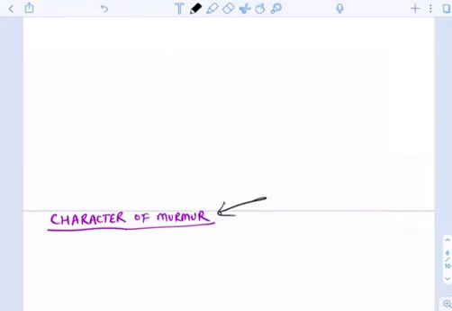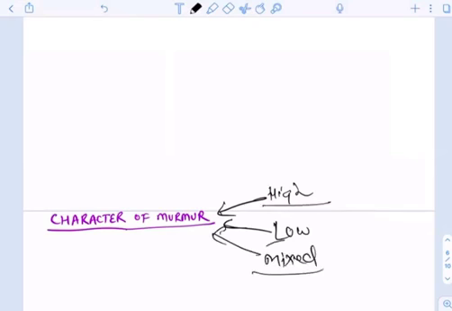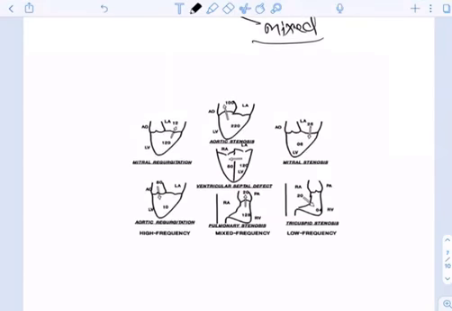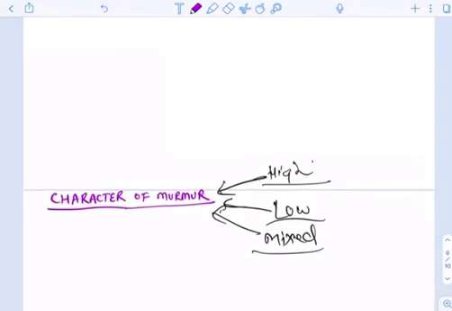Next is character of the murmur. We find it difficult to tell which murmurs are high pitch and which are low pitch, and actually there is mixed pitch also. If the pressure difference between the two chambers is high, the pitch will be high. If the pressure difference between two chambers is low, the pitch will be low. High pitch, high frequency is seen in cases of mitral regurgitation and aortic regurgitation.